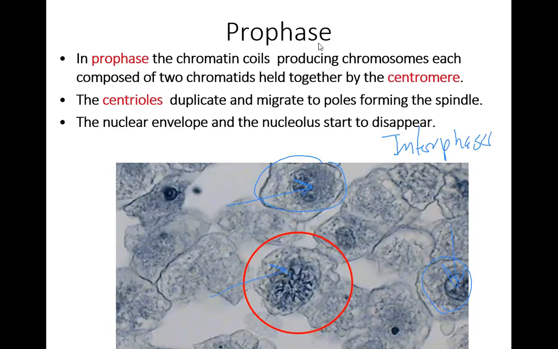But this one is in prophase. Here's another one in interphase there and there. Prophase is down here because the chromosomes are now visible. You can't see the chromosomes in either one of those nuclei, but you can see the chromosomes there because they're condensing.